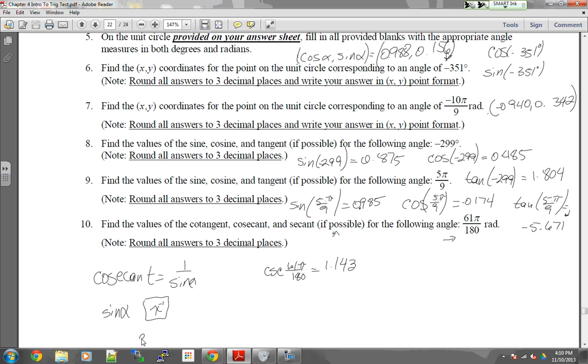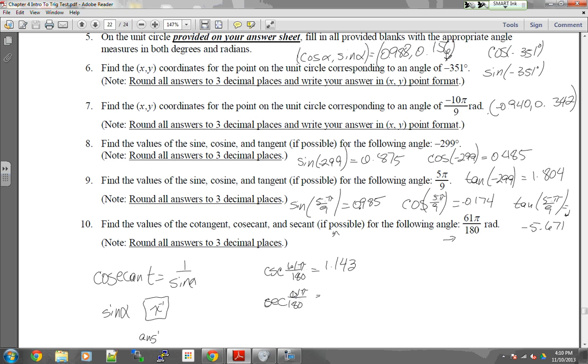Do the same thing, take the cosine of 61 pi over 180, and then hit the reciprocal button, and that'll give you 2.063.